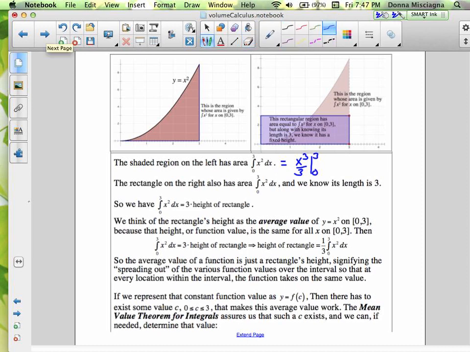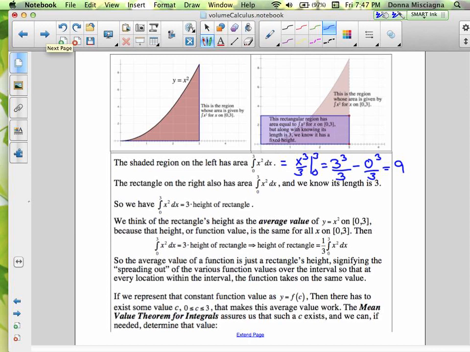All right, so now we plug in. We have 3 cubed divided by 3 minus 0 cubed divided by 3, which is 27 divided by 3, which is 9. So 9 represents our total area.